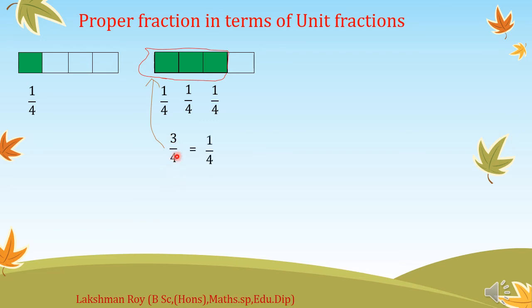Now you can see how to write it. 3/4 means this part is 1/4, this part also 1/4, and this part is also 1/4. So if you add these parts, you get the whole colored part. So you can get 3/4 by the addition of 1/4, 1/4, 1/4.